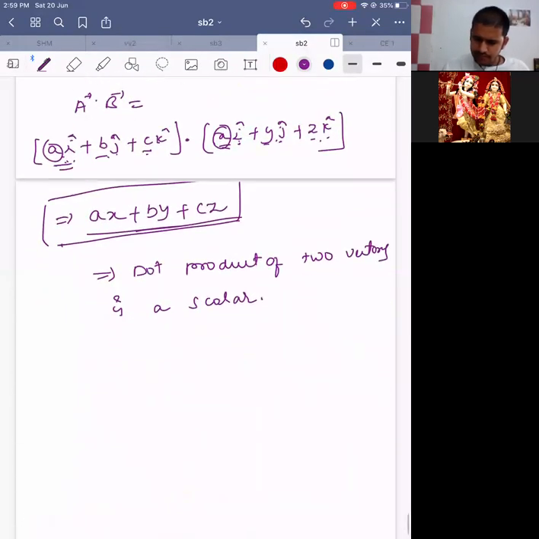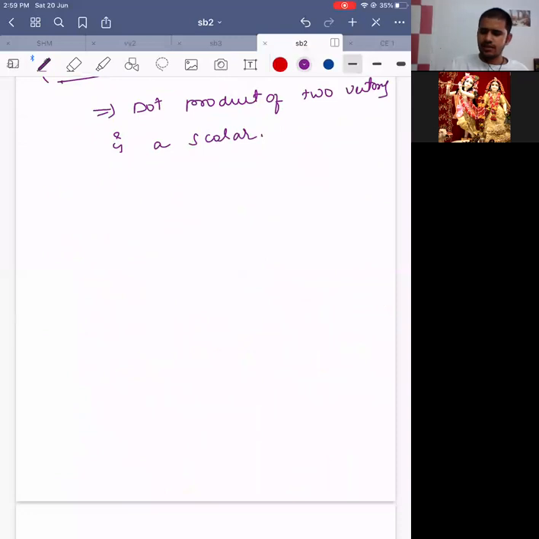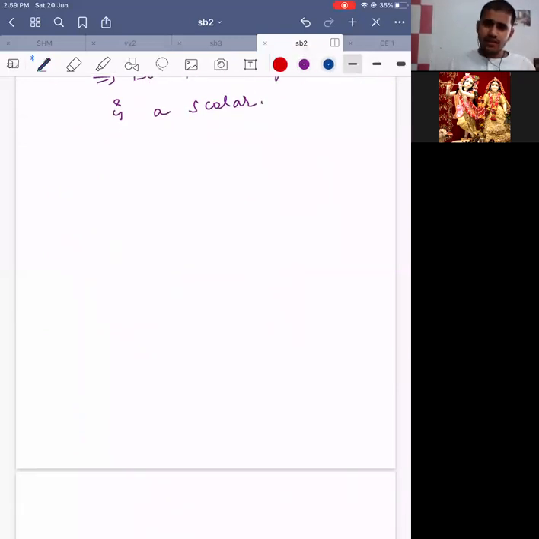So listen. Next, the dot product of the two vectors is a scalar. That we proved. Let's physically represent what the scalar product indicates. The dot product is also called the scalar product.